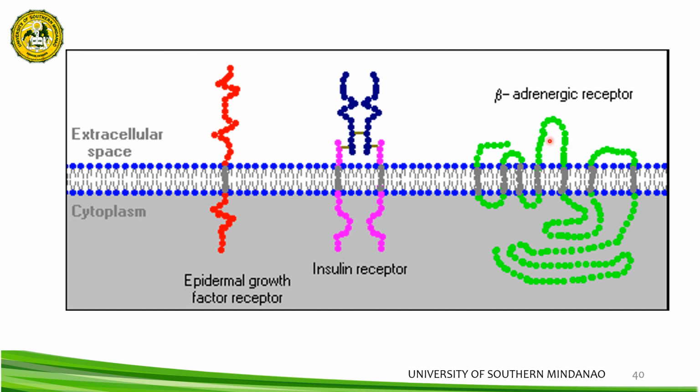The extracellular domain is the one that will bind to the ligand or to the hormone. This is an example of the beta-adrenergic receptor, whose ligands are the catecholamines. For the insulin receptor, of course, this will bind insulin, which is an example of a peptide hormone. You also have the epidermal growth factor receptor.